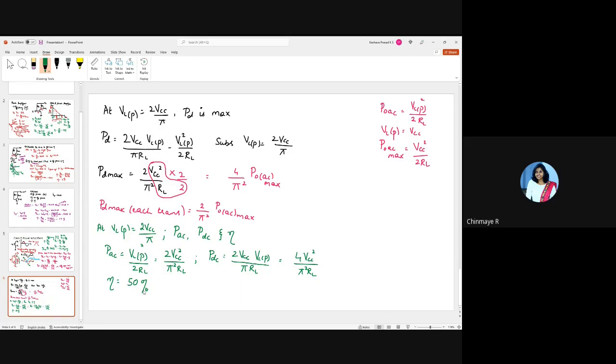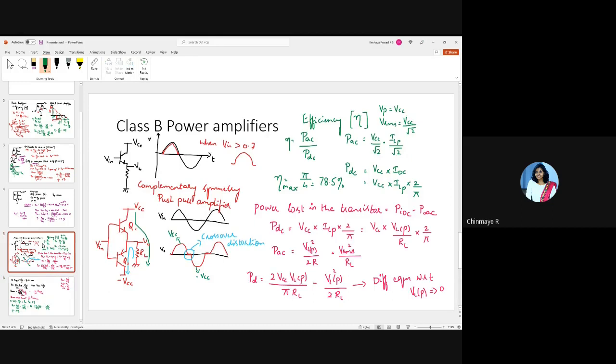Right? So now we'll just see what all we did in class B. First, we go for class B because we want the amplifier to be in active region only when the input is present. We do not want it to be in the active region always and keep dissipating power. So therefore, we go for common collector or emitter follower. Here the output will follow the input only when the input is greater than 0.7 volts. Correct?